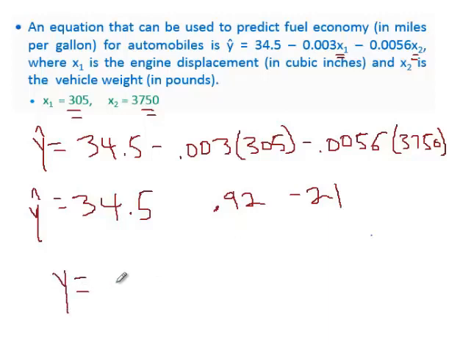And so 13.5 minus 0.92 should be 12.58, I believe. And you can do that in a calculator also, but it was relatively easy to do in our heads. And that's our answer. Our y hat, our estimated miles per gallon, according to this particular regression equation, was 12.5 miles per gallon.